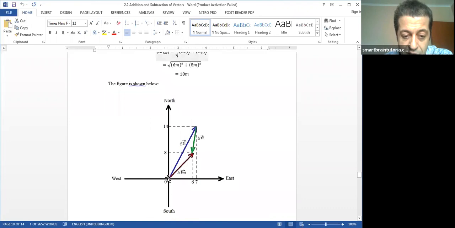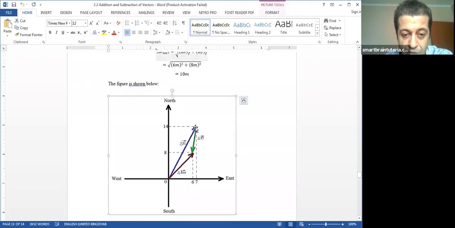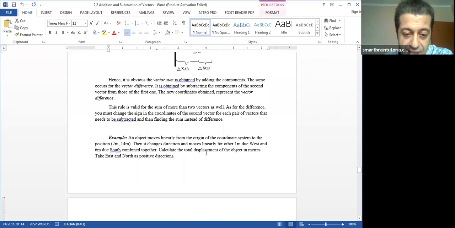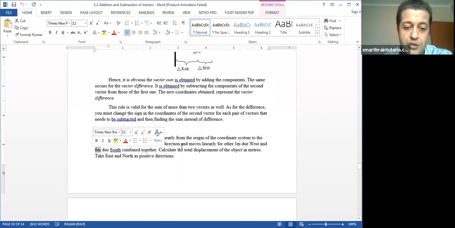So from here, it goes here, the object first. Then it changes direction and moves linearly for another 1 meter due west. Due west means due left in our case, and 6 meters due south. Due south means downwards.